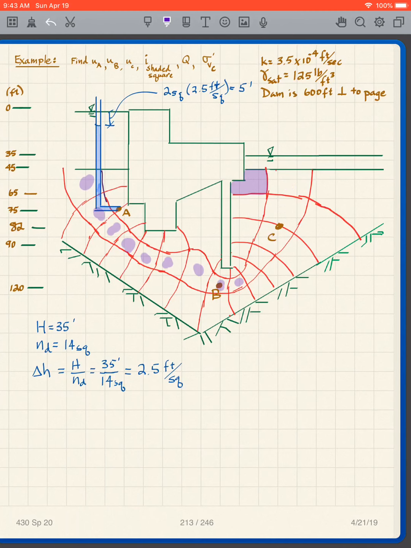So my ND is 14, and so I get H over ND, 35 divided by 14. I get 2.5 feet of drop per square. So I've gone 2 squares, 2.5 feet, 5 feet. So I drop 5 feet there. All right, that gets you going. So please pause the video and solve for the rest of this problem.